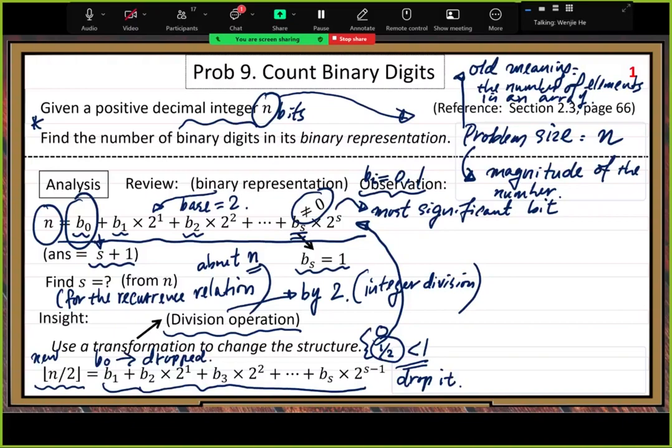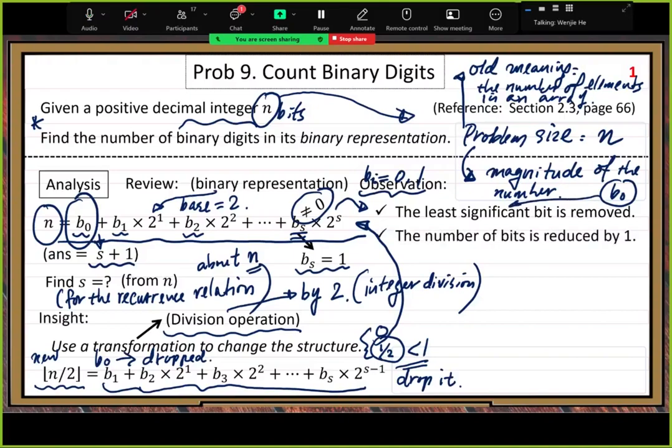So now, observation. So what's that? First, least significant bit is removed. That's the B0. B0 is the least significant bit removed. The number of bits is reduced by 1. So when you count the number of bits, because B0 is gone, and all the other bits remain.